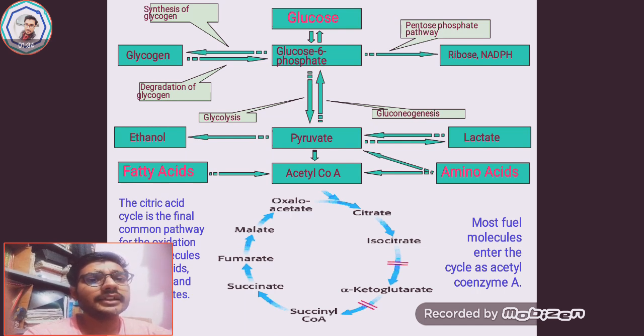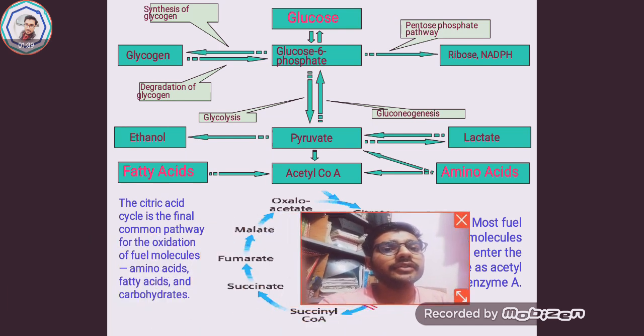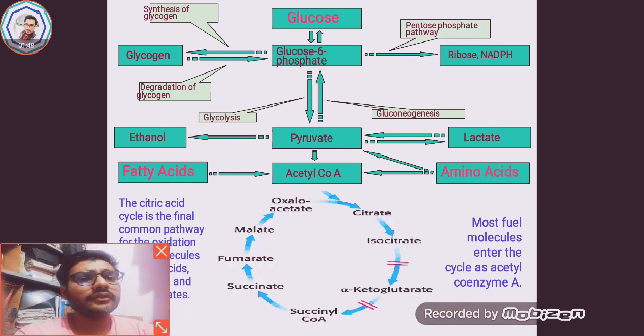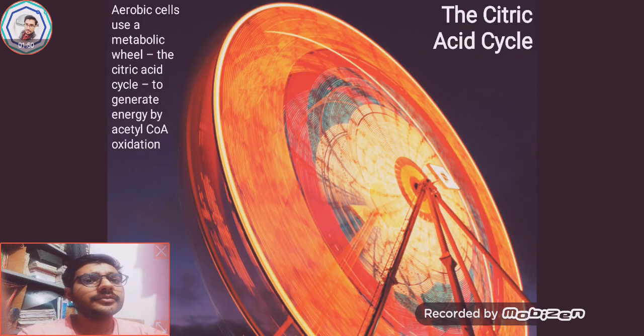This citric acid cycle is the final common pathway for oxidation of fuel molecules like amino acids, fatty acids and carbohydrates.